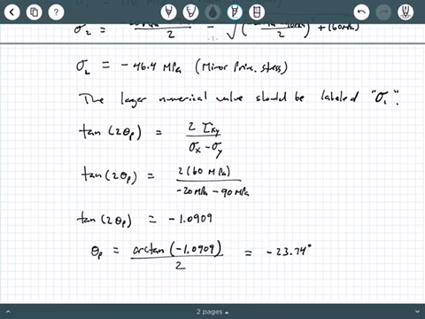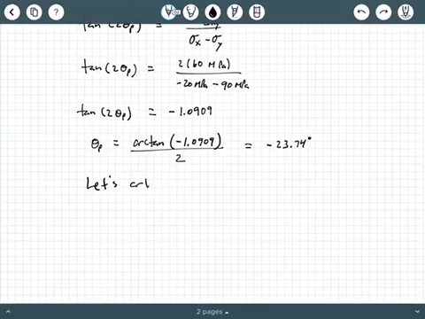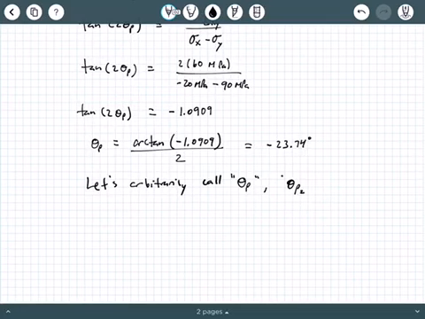But you have to check and make sure that you know which theta value corresponds with which sigma value, okay? Because your theta p1, whatever it is, should match with your sigma 1.